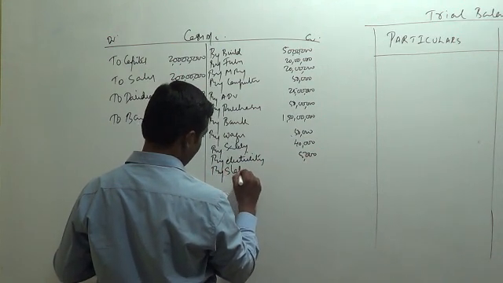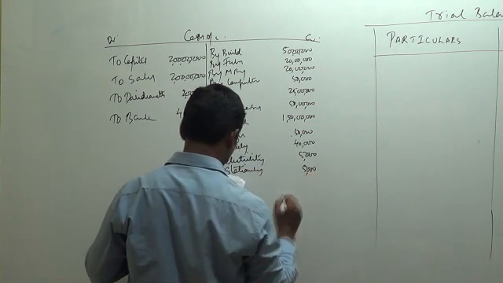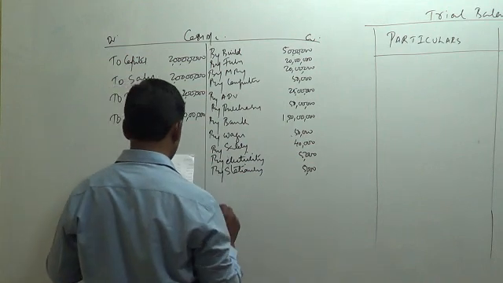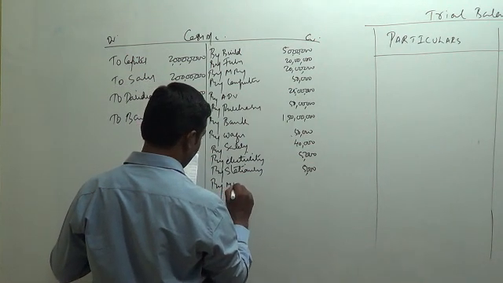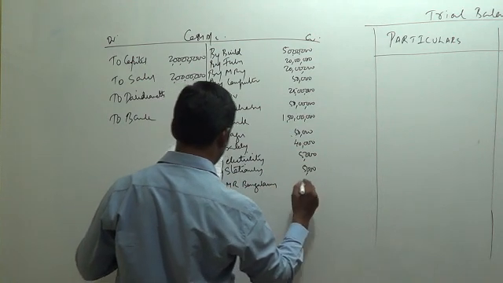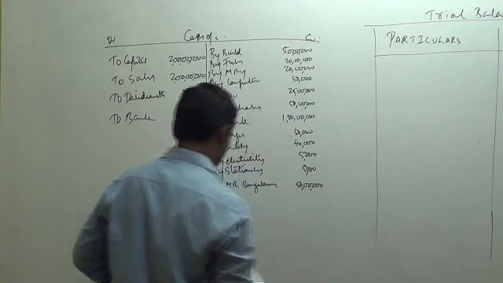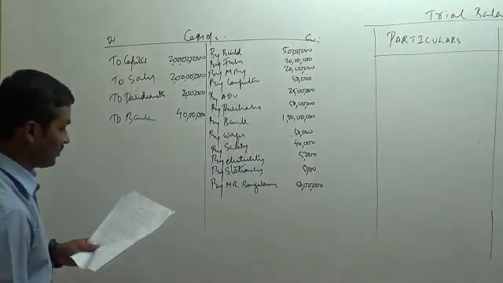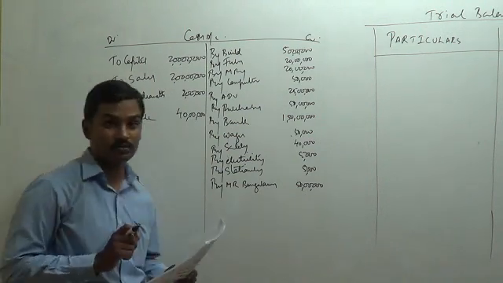By stationery, 5,000. By Mr. Bangaram, 50 lakhs. So these are the transactions shown in the ledger account called the cash account.